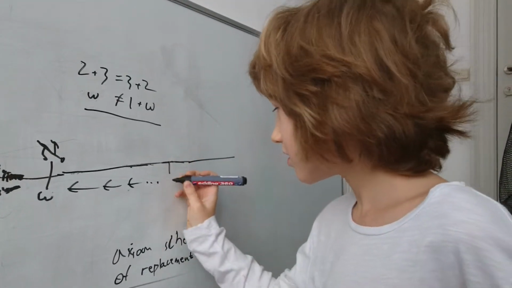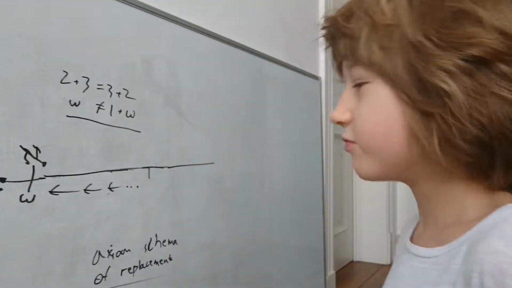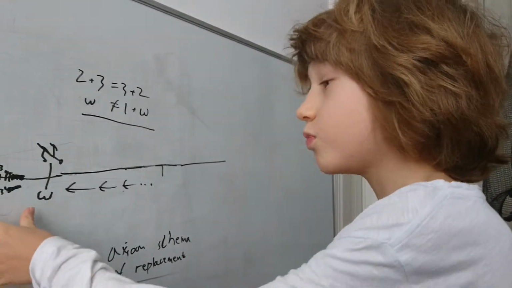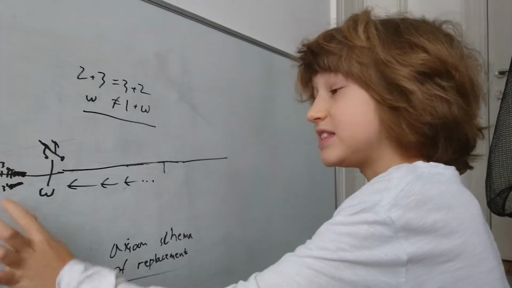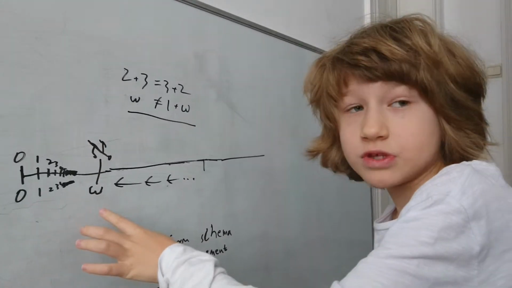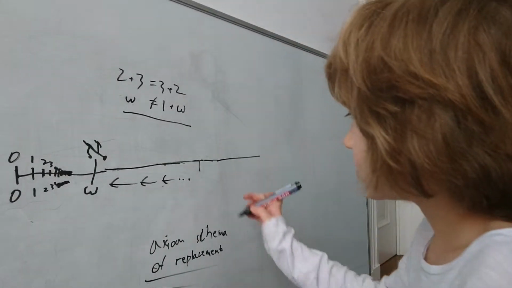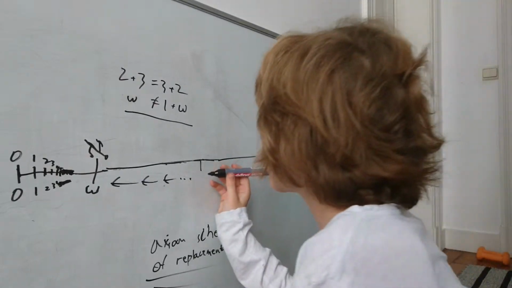Well, I thought we can just play with omega forever. Yeah, but we've already done this to here, so we've got infinity here, but then we followed it with something. So yeah, we can do that.